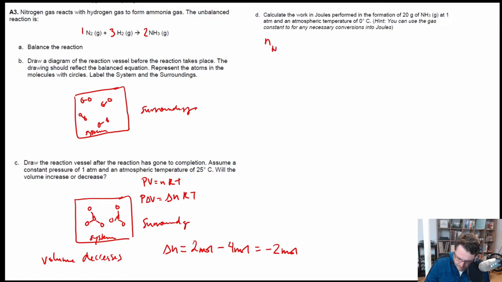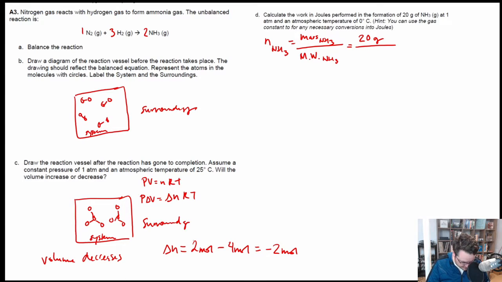of moles. So N of ammonia is going to be equal to the mass of the ammonia divided by the molecular weight of ammonia. The mass is 20 grams, and we divide that by the molecular weight.